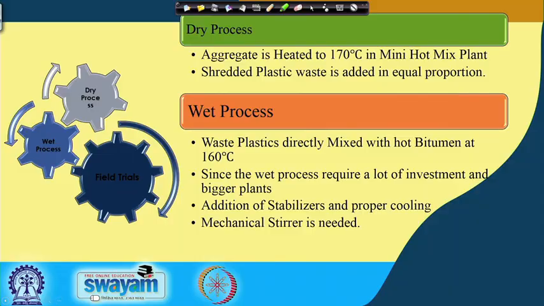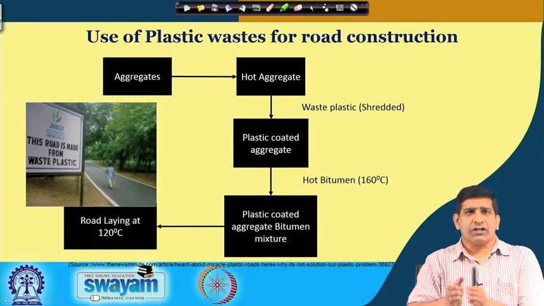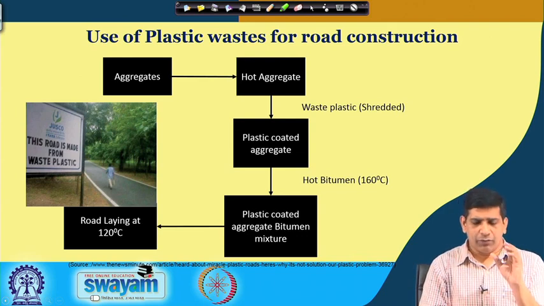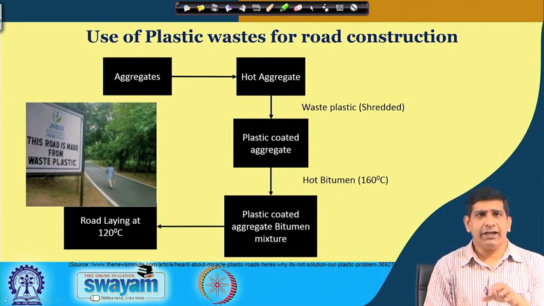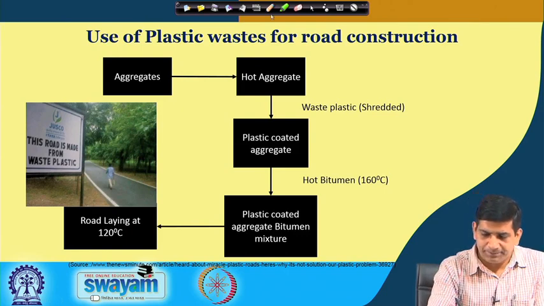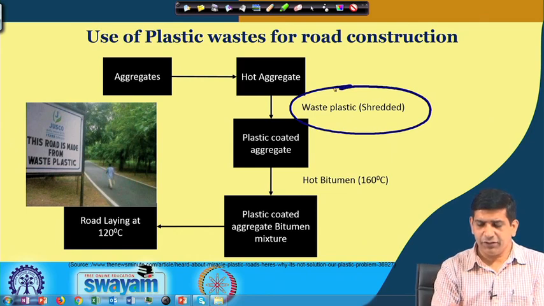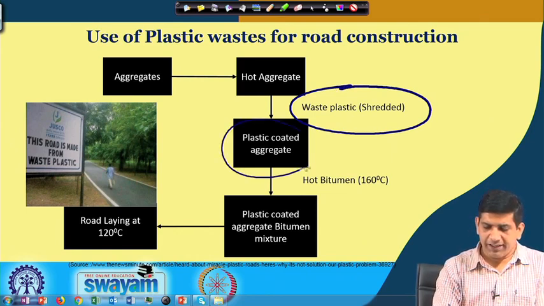When we go for plastic waste in road construction, as in any road construction, you start with aggregates. You have hot aggregate, and then you add shredded waste plastic right there, so that you get plastic coated aggregate.